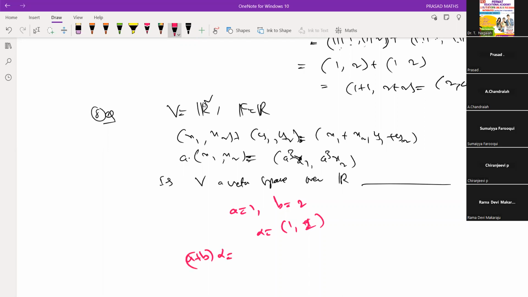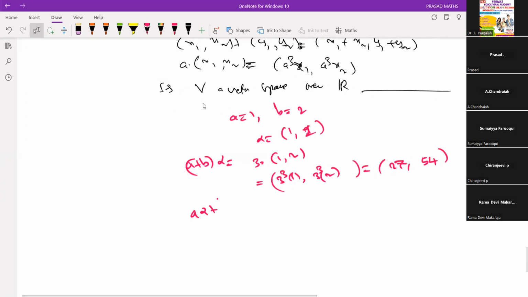(a plus b) is 3, into alpha means 3 cube into 1, 3 cube into 2, means 27 into 1, 27, and 27 into 2 means 54. Left side is this. What about the right side? 1 into (1, 2) and 2 into (1, 2).